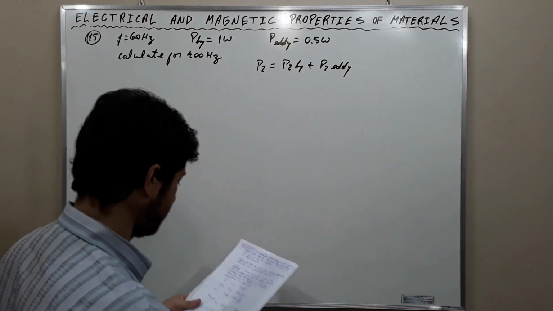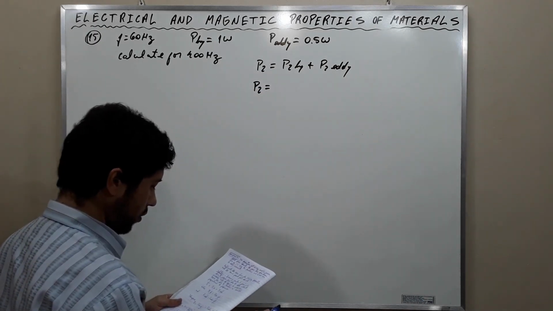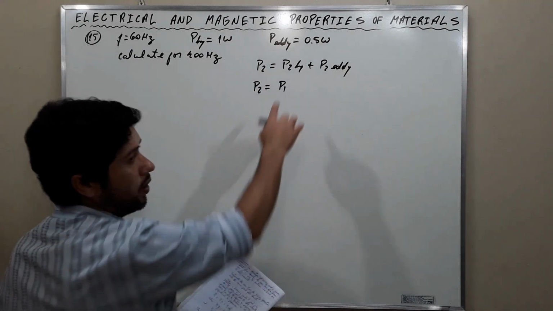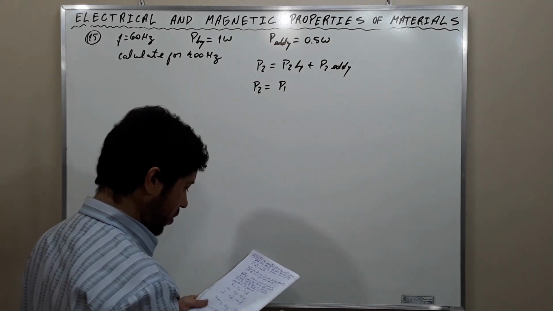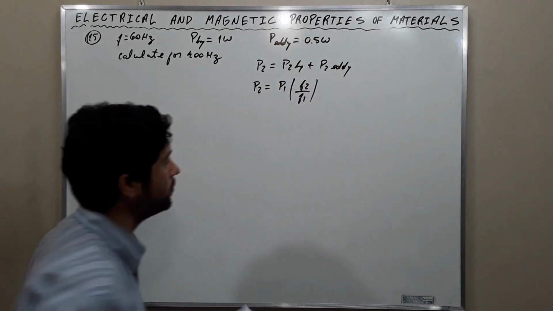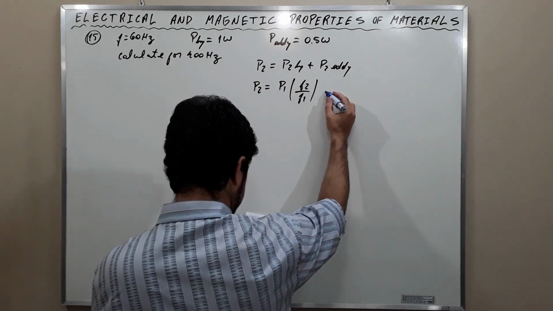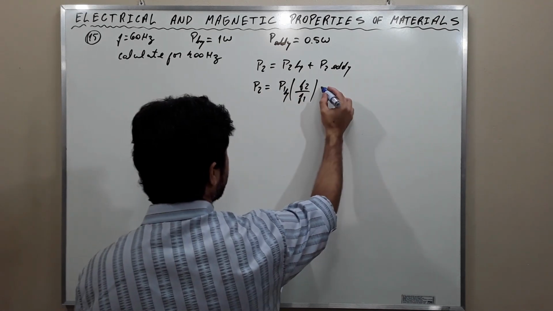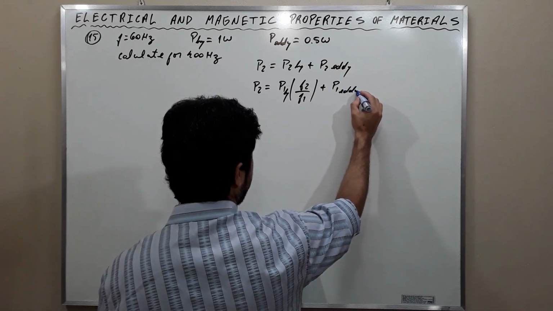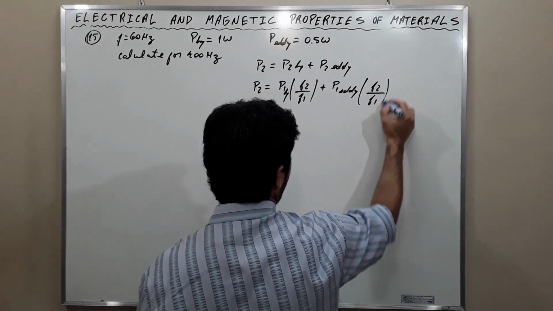Then P2 is going to be P1 for hysteresis times F2 over F1, okay, plus P1 eddy times F2 over F1 squared.